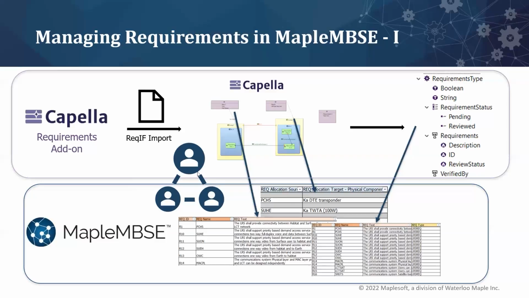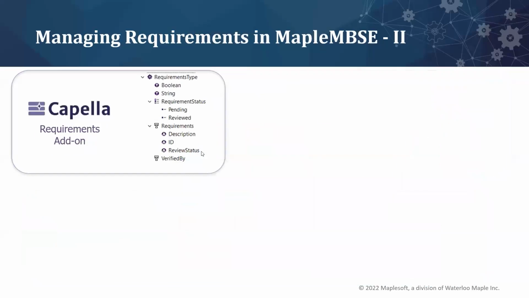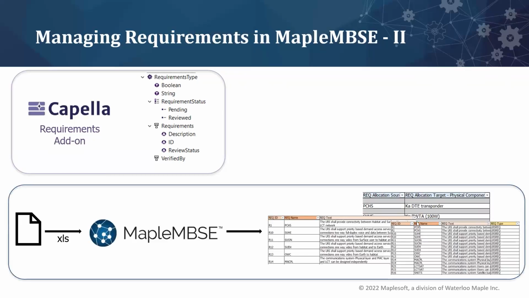Imagine another case where you have the requirements add-on. This could be a new project, or you're starting to implement your MBSE process and would like to get information from standard requirements documents, or from a standard requirements tool, and you have defined your types already. You have Capella with the requirements add-on. Based on the template that you already defined, you can easily bring in requirements as an Excel import into MapleMBSE.